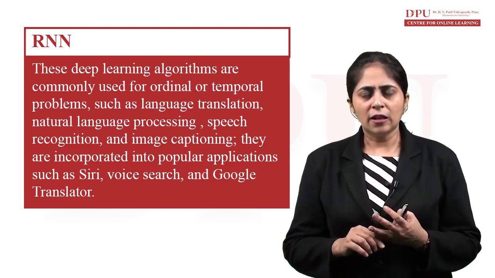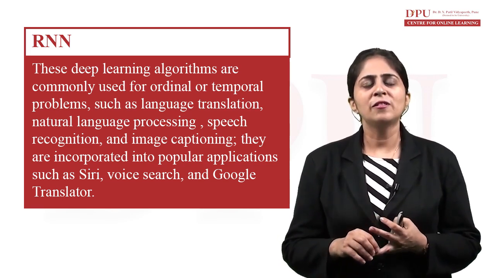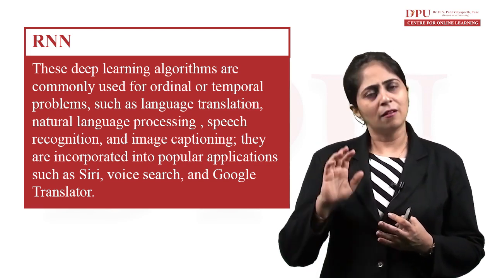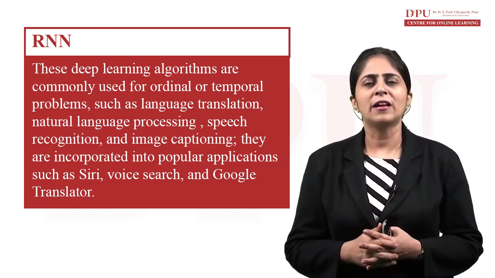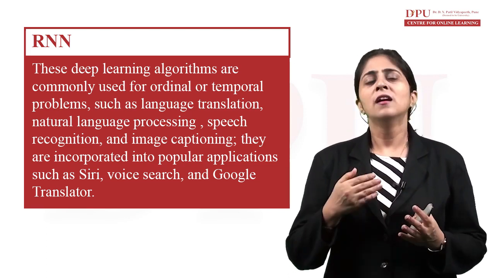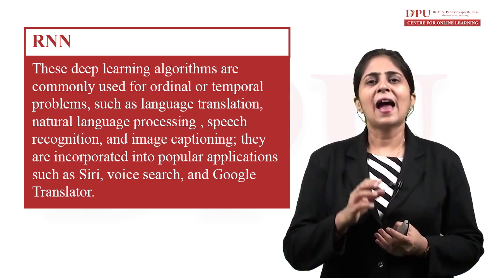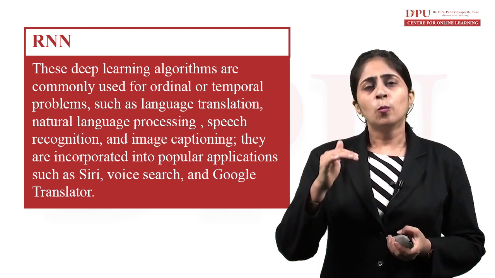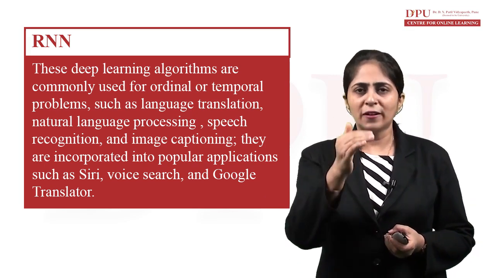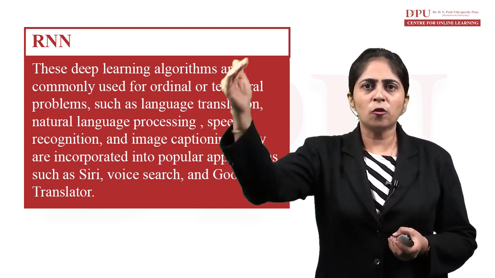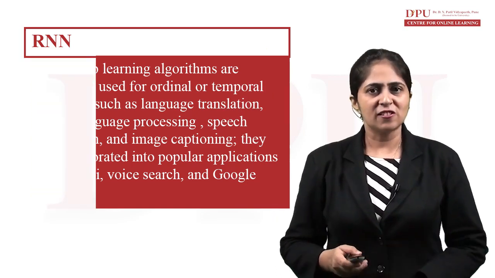So, till now we have understood the difference between RNN and the neural networks that we have talked about earlier, which were feed-forward or maybe CNN. In this RNN, we have a feedback path from where the output of one unit can go back to the input of the previous unit.